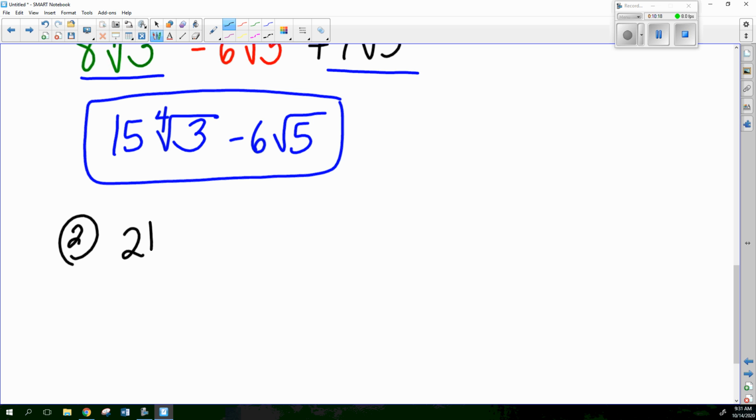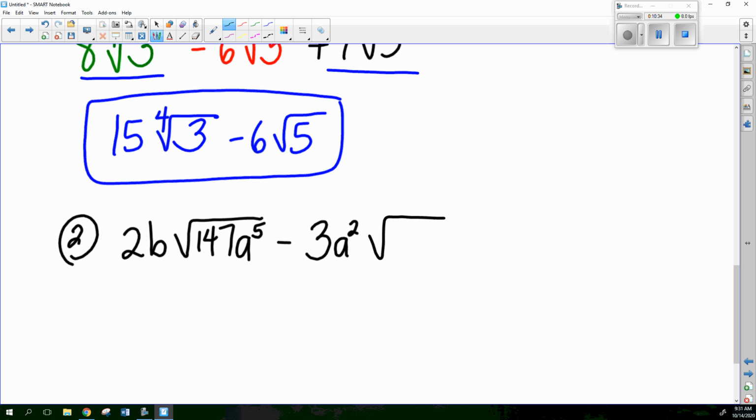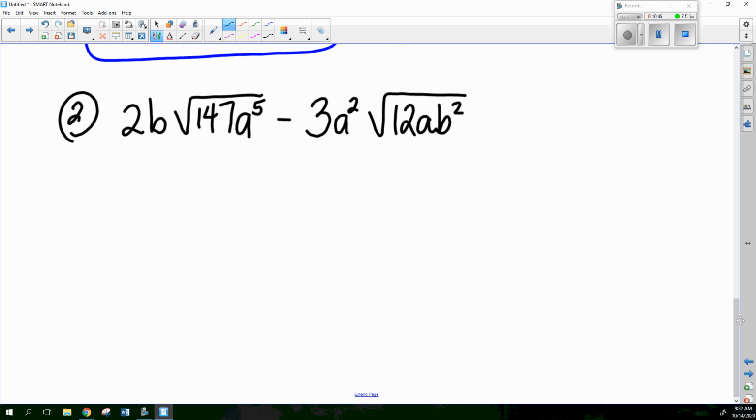All right, I'm going to put a 2b in front of a square root of 147 a to the 5th minus the 3a squared times the square root of 12ab squared. All right, just take a minute and simplify them. Don't think about like terms yet. You just have 2 pieces that you have to simplify. Okay?